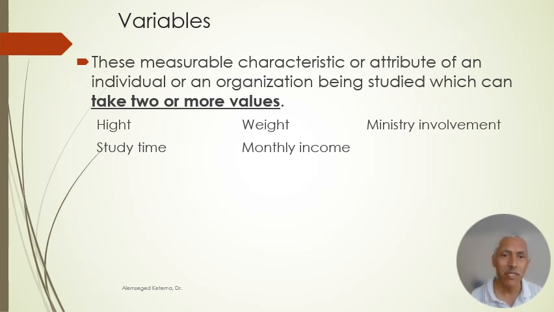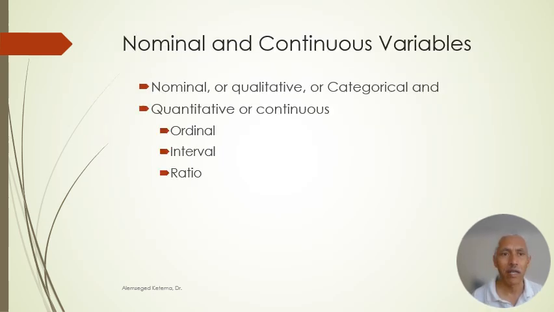How much time does the person study? How much time does the person spend at work? Weight, monthly income, ministry involvement. All of these can become how much time the person spent in studying, in devotions, reading the Bible, those different kinds of things. So those become measurable, and they are variables.